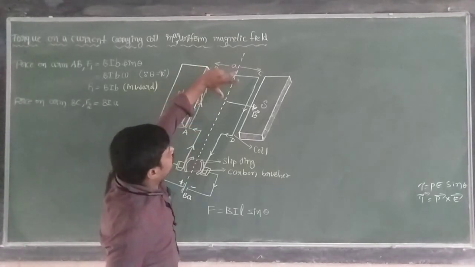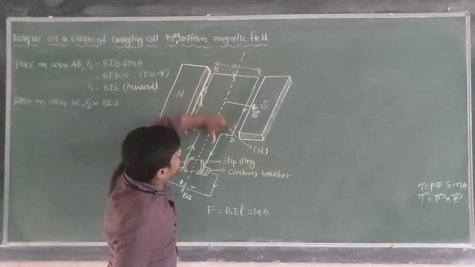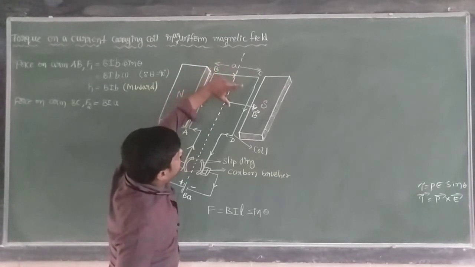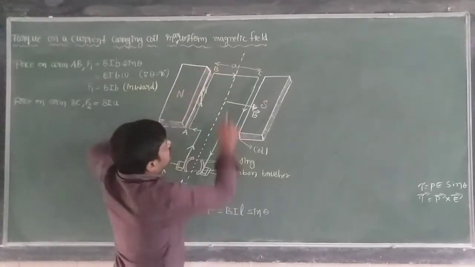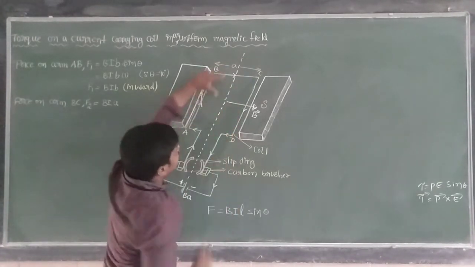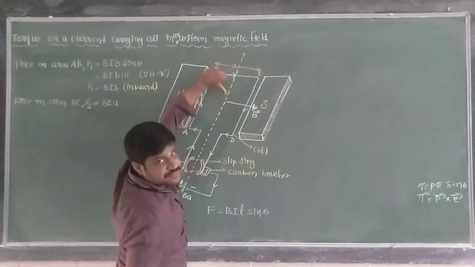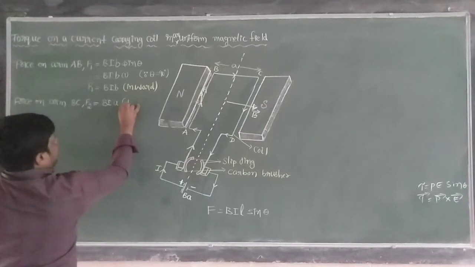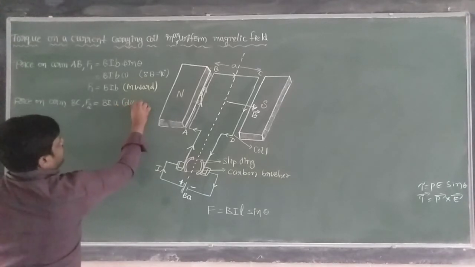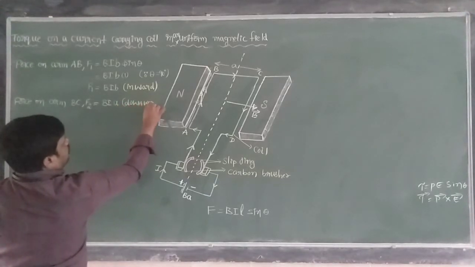Because actually the force direction here is inward direction, that is, downward direction. That means on BC the force is acting in the downward direction.